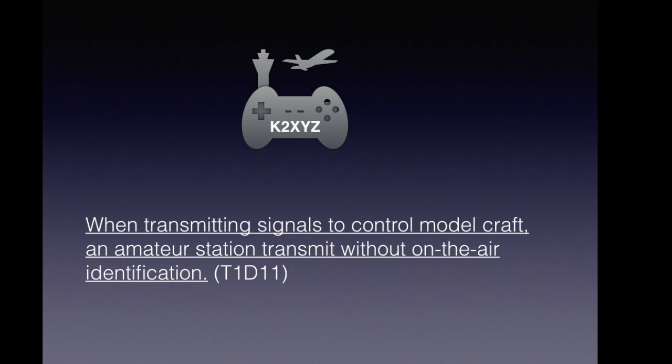So to make allowances for that, all you need to do is place a sticker on your remote control with your call sign on it. So the question reads, when transmitting signals to controlled model aircraft, an amateur station transmit without on-the-air identification.